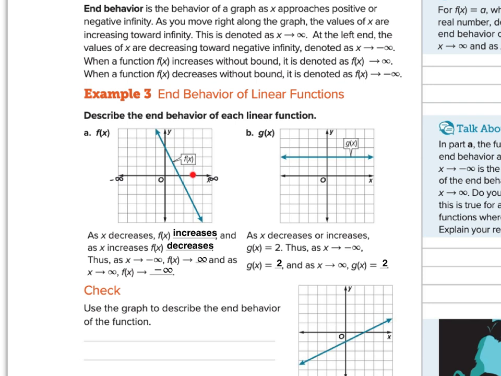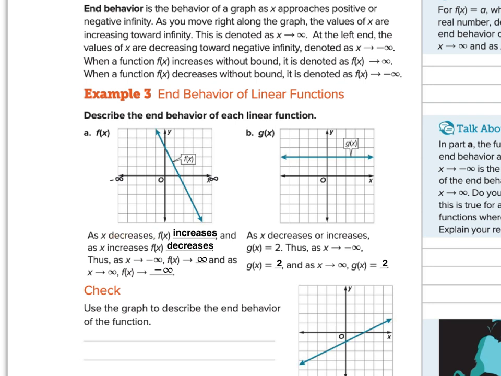And just think as the function keeps going this direction, as my x's get larger, my y values are getting smaller because it's going to negative infinity, because it just keeps going down. As my x values go to negative infinity, my y values are going to positive infinity. And that's what we want to be able to understand, is just where it is pointing and going.